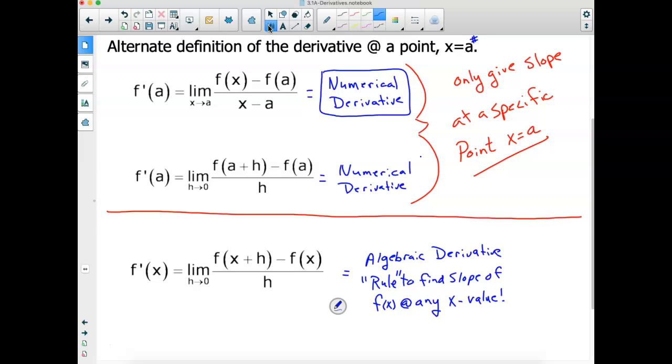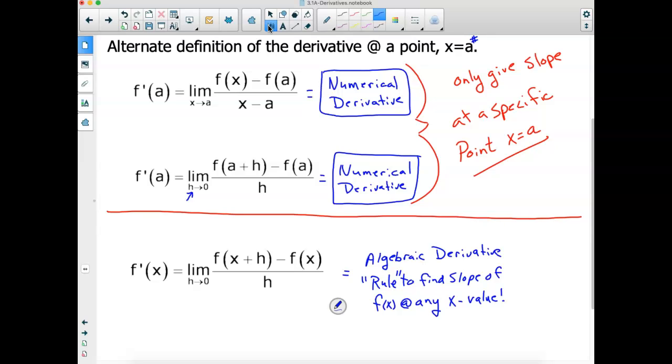Another numerical derivative, the one we've pretty much used this year, yesterday and such, is f prime of A equals the limit as h approaches 0. Remember, h is a very small distance away from our A value. It's how we got really close.